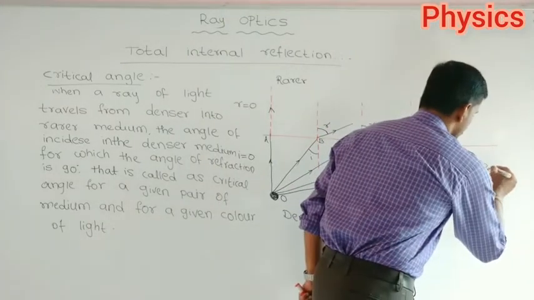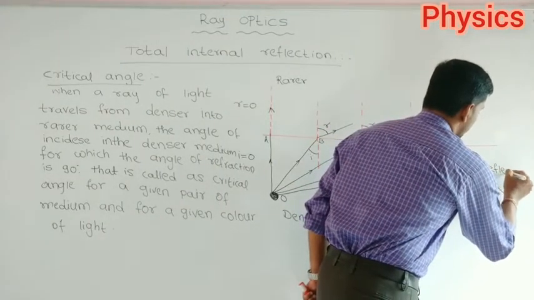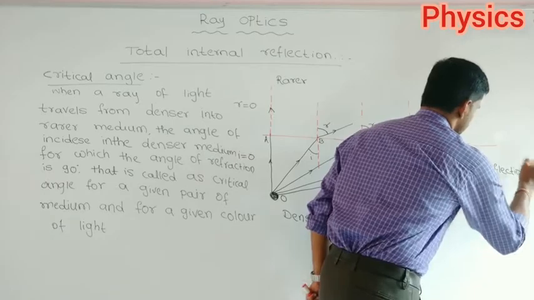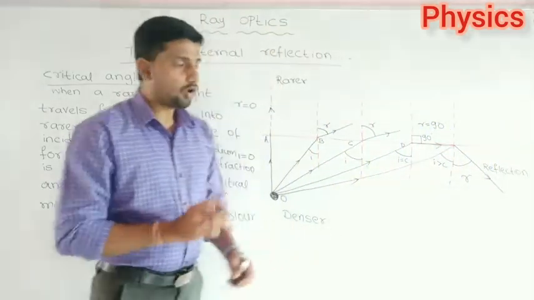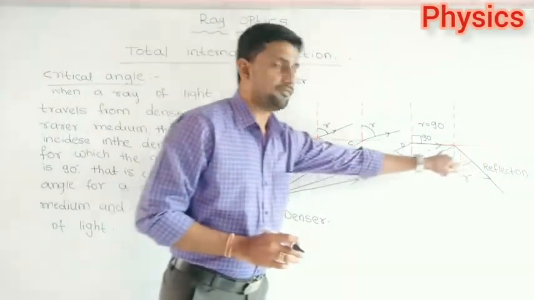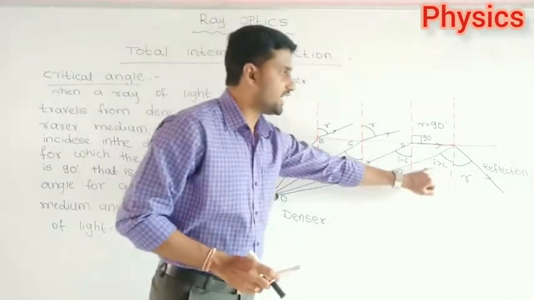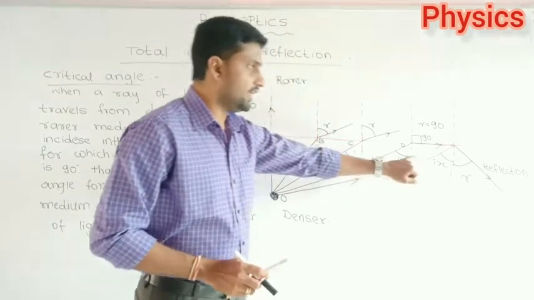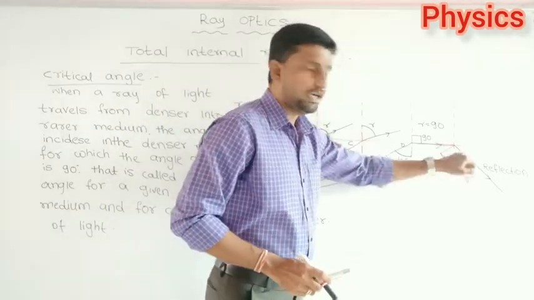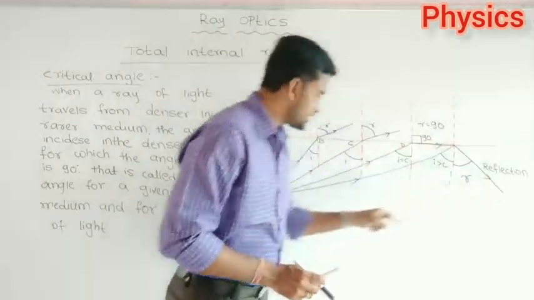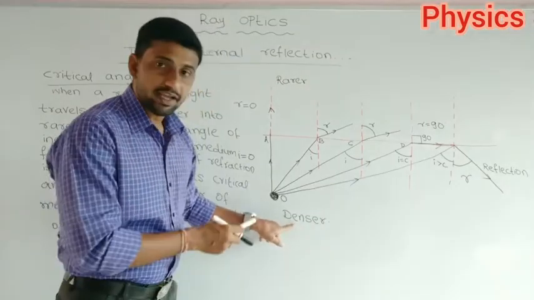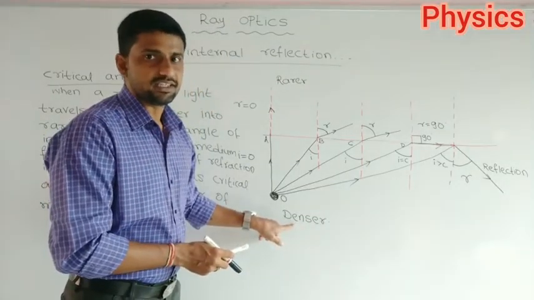Now you will observe only reflection of light; in this condition you will not observe any refraction. That means if the angle of incidence is greater than the critical angle, then the incident ray totally reflects back into the same medium. Same medium means it will reflect back into the denser medium.